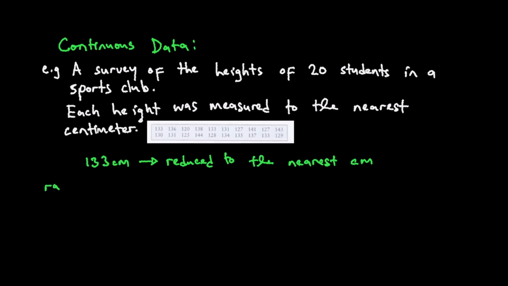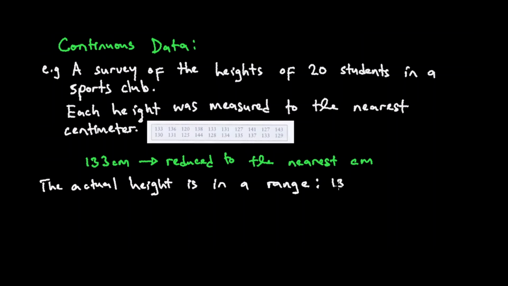So, let me write it as a point. The actual height is in a range. And for the example we took, 133 centimeters, what is going to be the range?